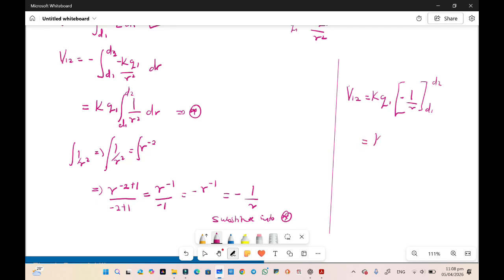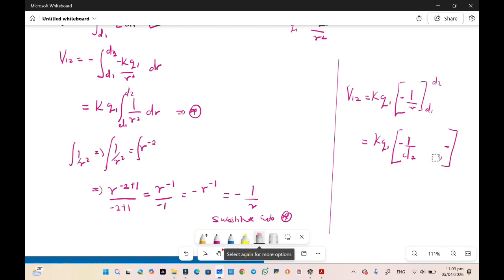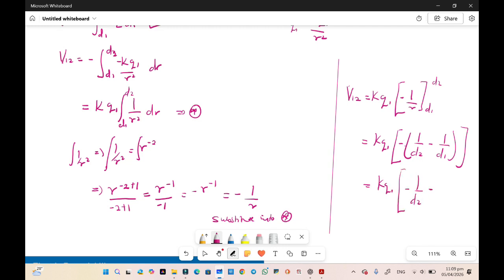So usually this should be KQ1, then we have 1 over D2 minus 1 over D1, because this negative flows through all. Let's just say it this way so that it would not confuse anyone. So minus, into brackets, 1 over D2 minus 1 over D1. So this becomes KQ1 times minus 1 over D2 plus 1 over D1.